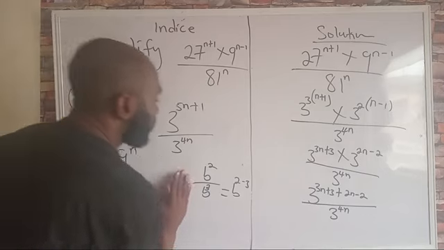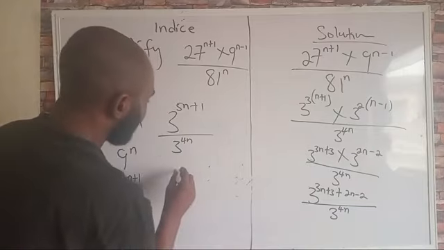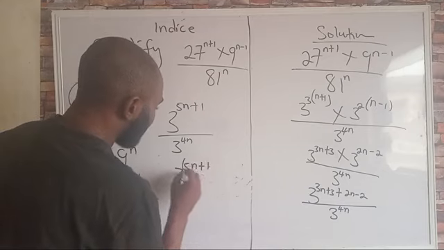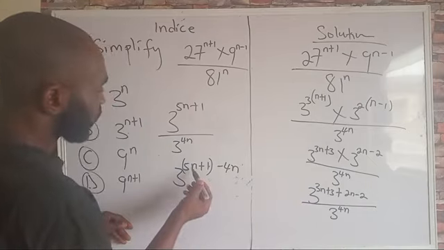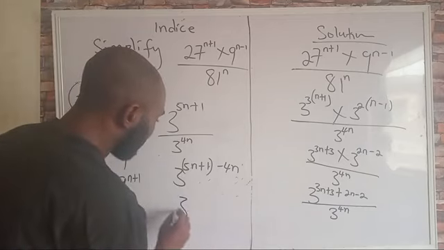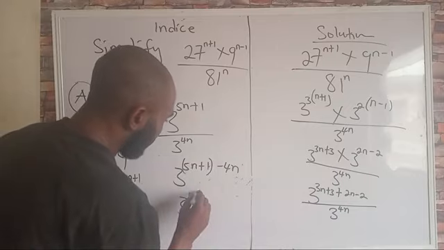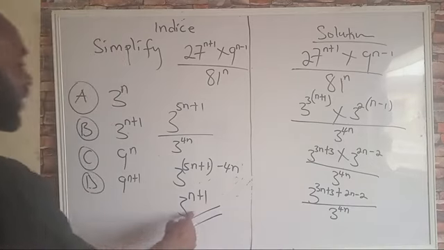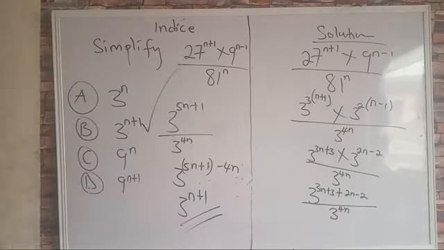I will keep the base 3, with 5n plus 1 minus 4n. So 5n minus 4n will give me 1n. So that will be 3 to the power of n plus 1. So this is the answer. Looking at the answer here, if you check, B is the right option.